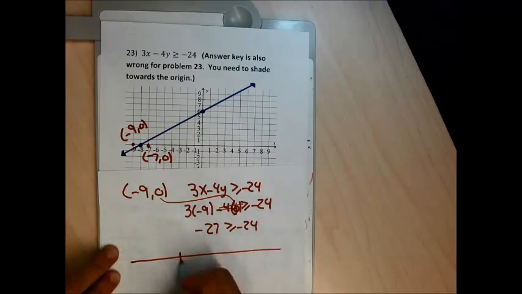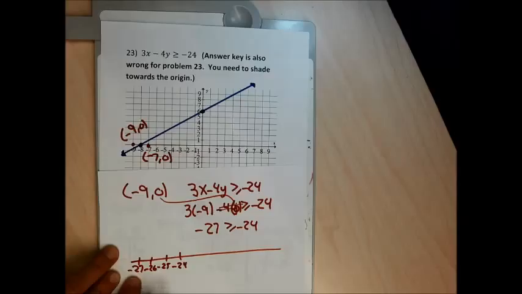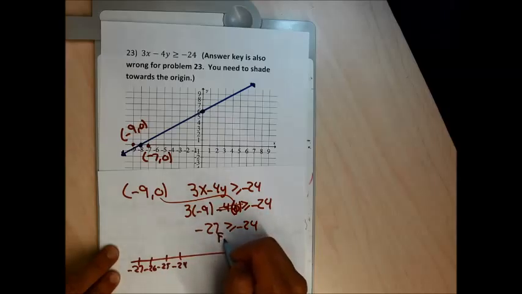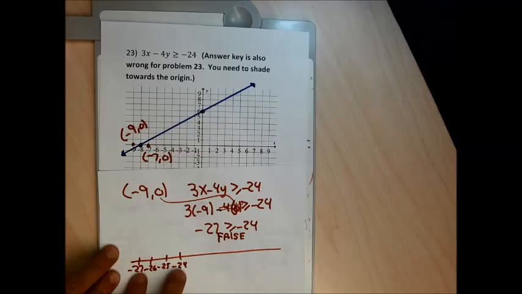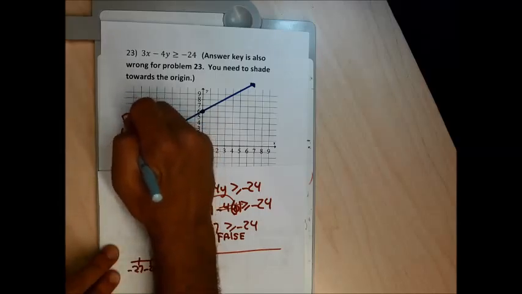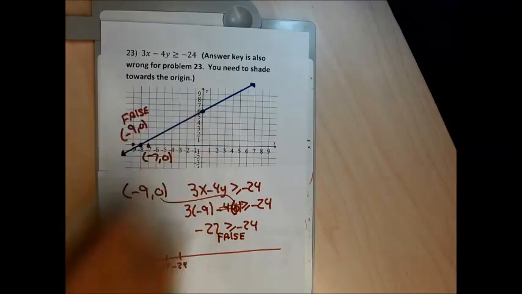And on a number line, it goes negative 24, negative 25, negative 26, negative 27. Negative 27 is to the left of negative 24, and to the left means it's smaller. So this is false right here because numbers on a number line as you go left are smaller. So this point gave me a false.